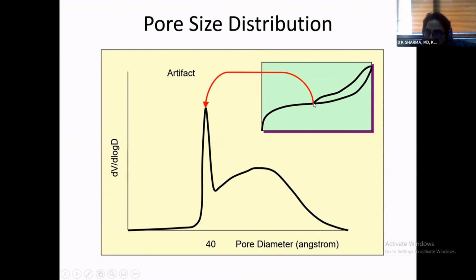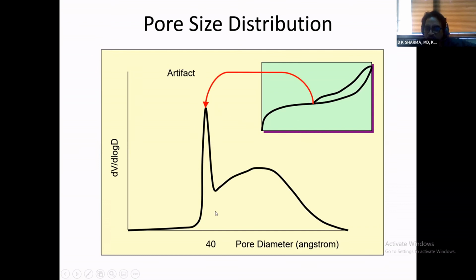If the adsorption branch had started increasing like this at this point, I would say there is a pore of 40 angstroms in your sample. But if you look at the adsorption branch, it goes quite smoothly right up to this place, without showing any pore sizes being present at this point.